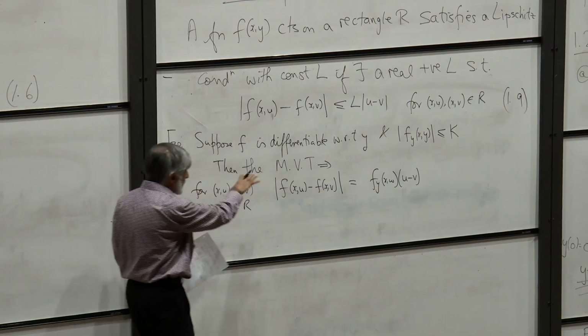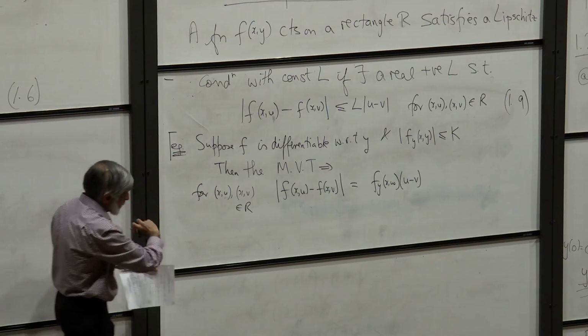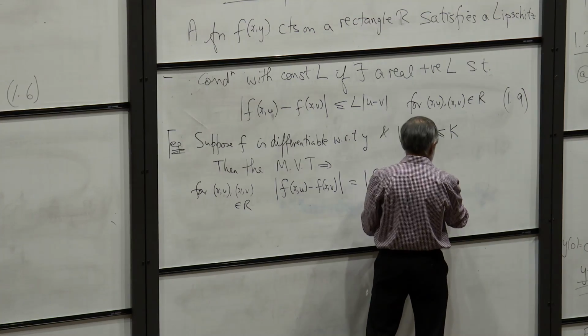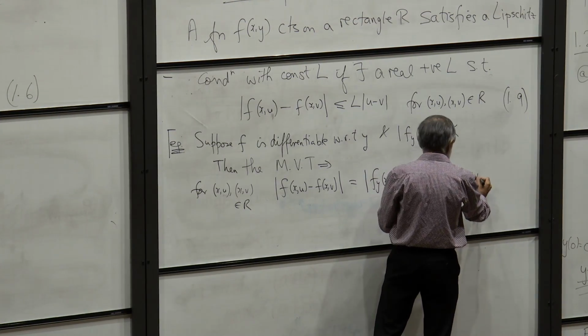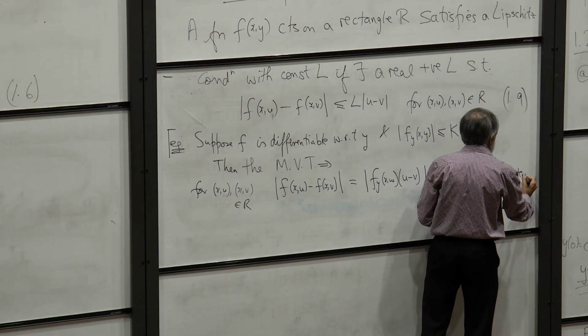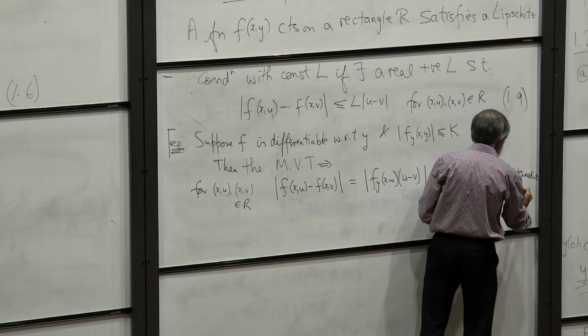The mean value theorem is written without those moduli signs, but we can just put those moduli signs in, where w is some intermediate value. So it's like the intermediate value theorem.